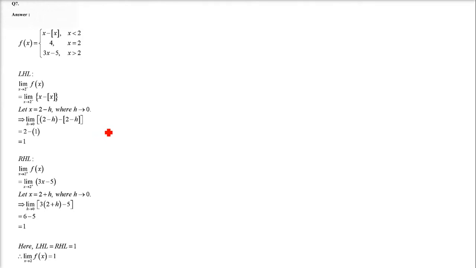Now if you see here, we have a 2. 2 is the critical point. On the right hand side and left hand side we are provided proper equations. When x is less than 2, the function becomes x minus the greatest integer function of x.